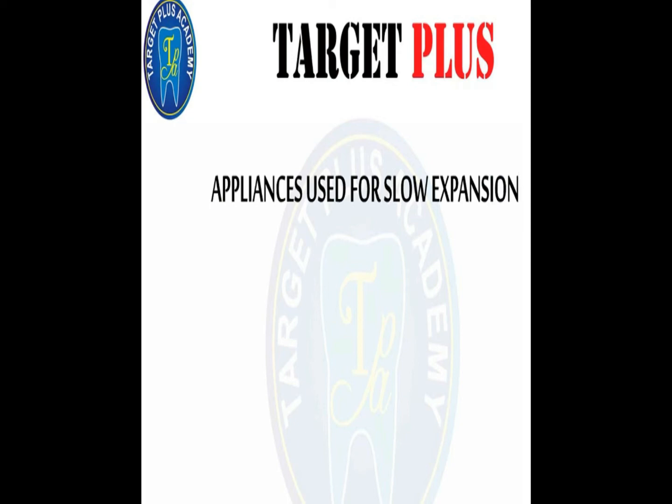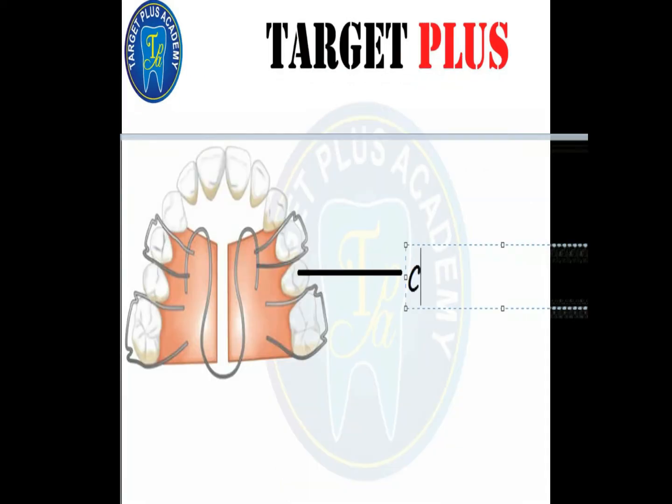Now what are the appliances that can be used in slow expansion cases? The first is the coffin spring.